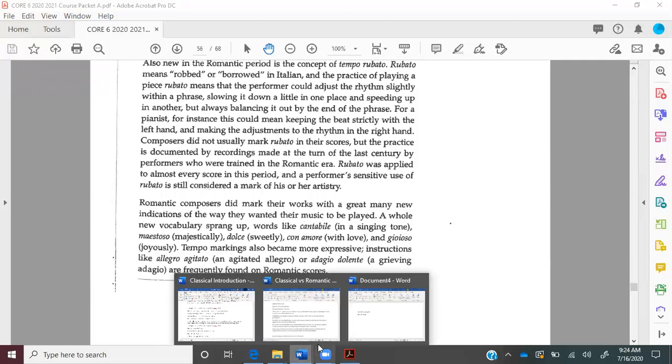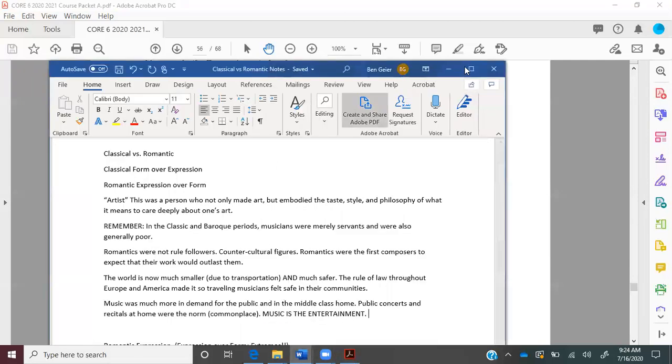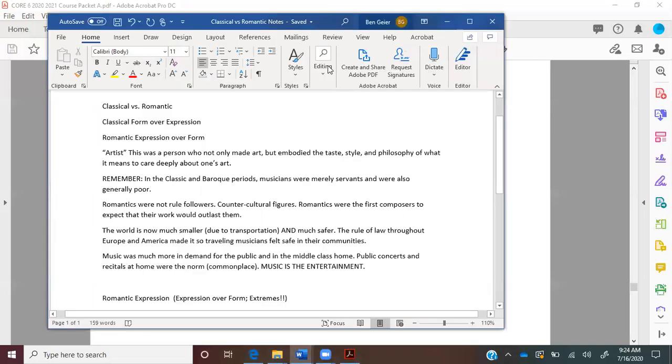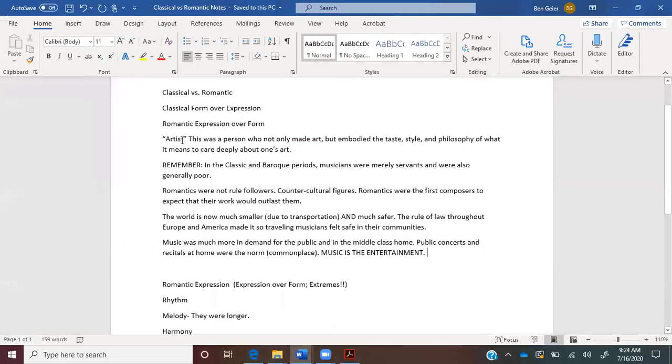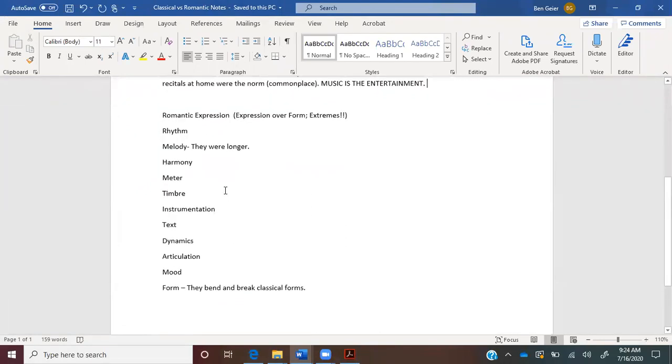Okay, so let's go to our classic versus romantic notes. Okay, so we already have some things here. So we're learning a little bit more. So remember, extremes. So what did we learn about here? So we have tempo meter.